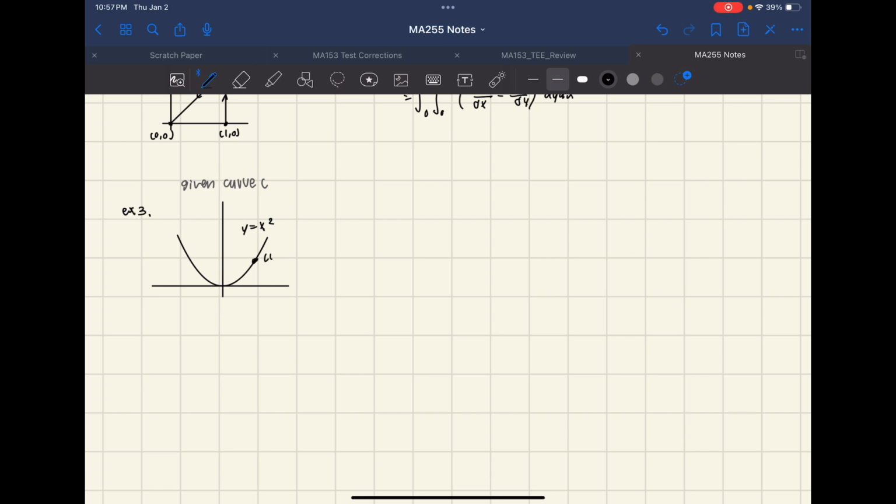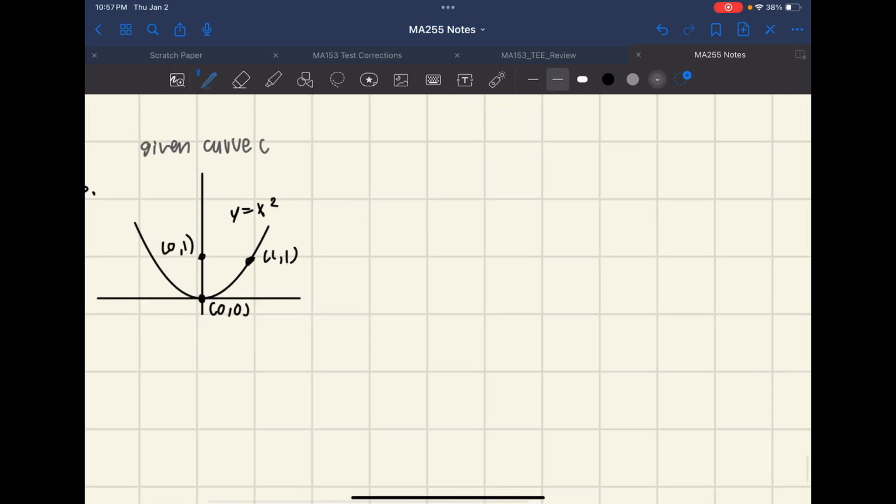We have the points (1,1), (0,0), and (0,1). We've got our enclosed space here moving in the counterclockwise direction.